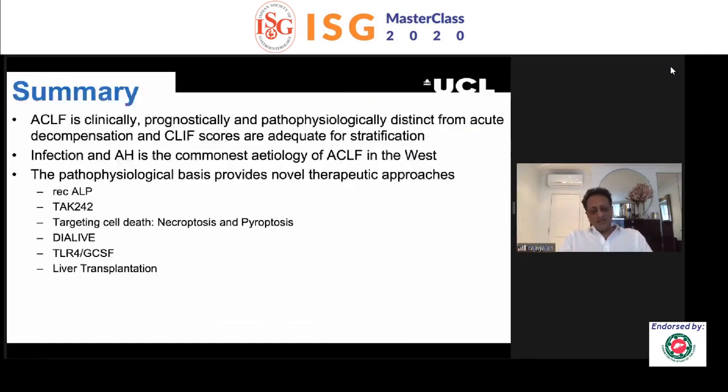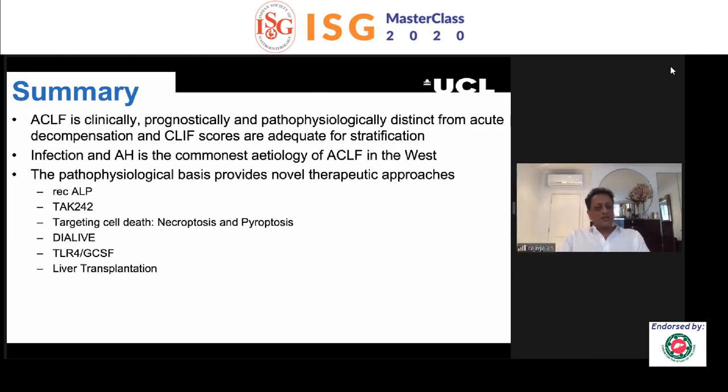This is my summary slide, just to say thank you very much for listening to me. We think ACLF is clinically, prognostically, and pathophysiologically distinct, and adopting a universal classification is absolutely key if you're going to develop new treatments for this syndrome. Infection and acute alcoholic hepatitis are the commonest etiologies of ACLF in the West. In China, we think reactivation of hepatitis B could be a third bona fide, very important precipitant.